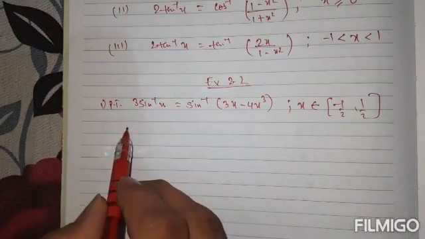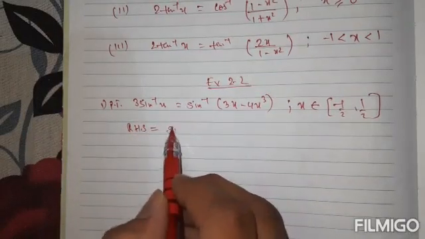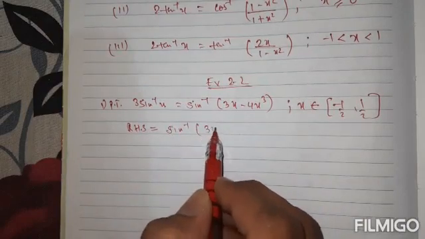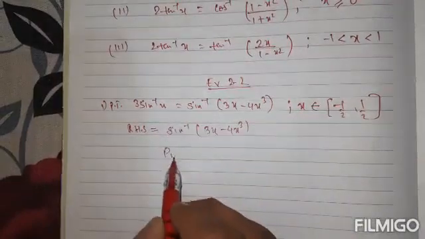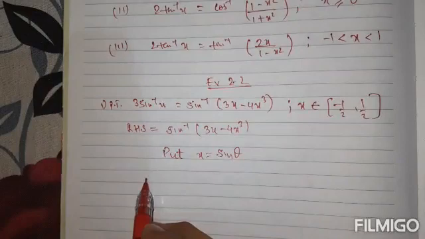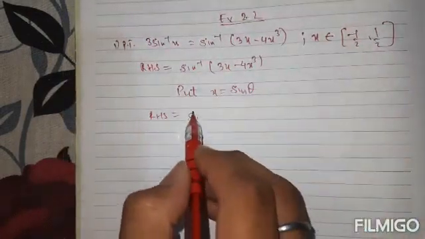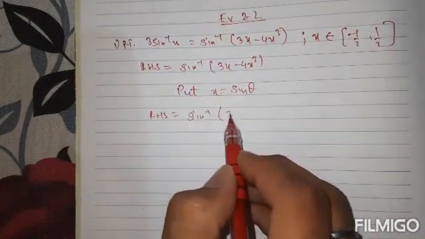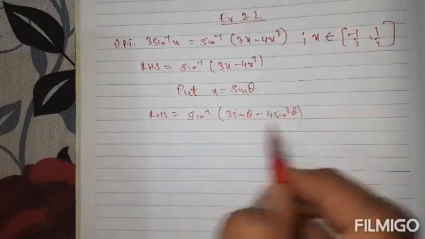The RHS looks more complicated, so in the RHS, if we put x as sine theta, then the RHS becomes sine inverse of 3 sine theta minus 4 sine cube theta.